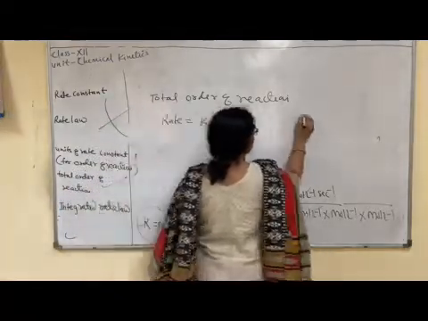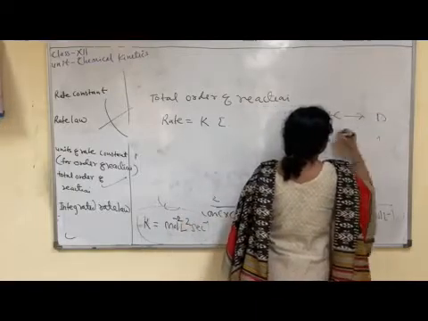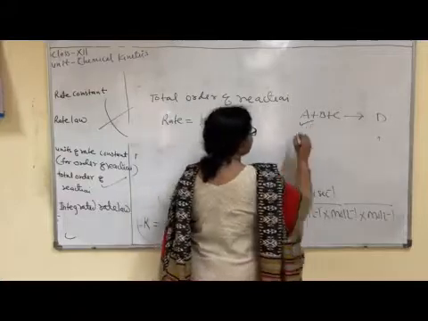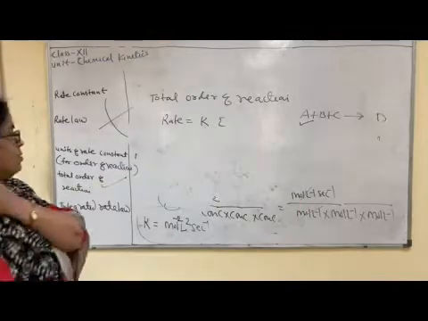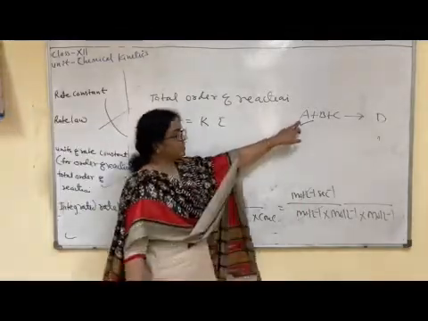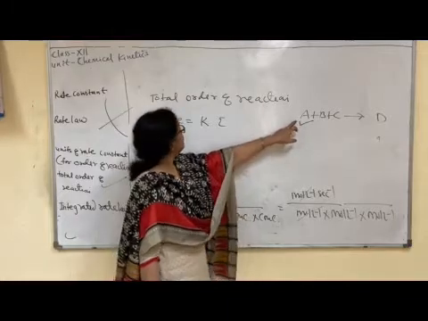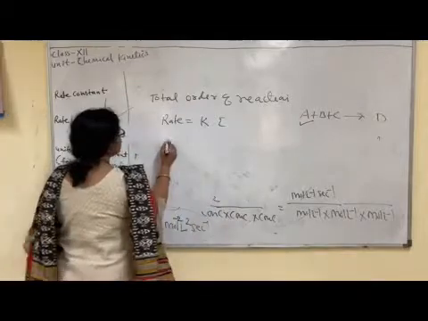Suppose reaction is A plus B plus C and gives D. Only one product is out. Although three reactants are participating according to this equation, only one concentration term affects the rate of reaction. It means this is first order of reaction. So what is the rate law expression for this equation?